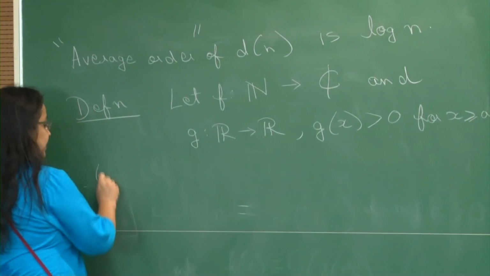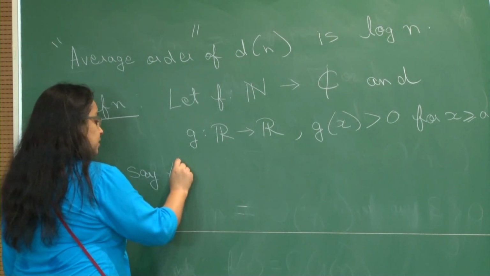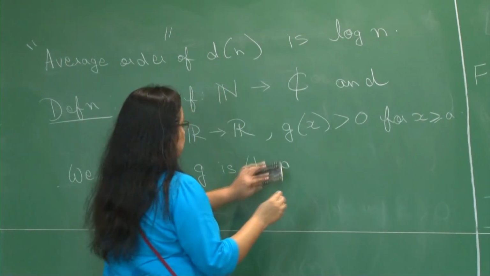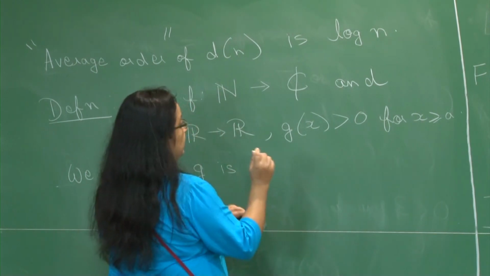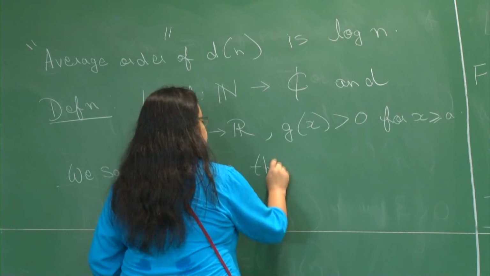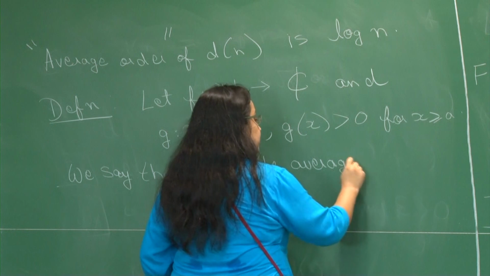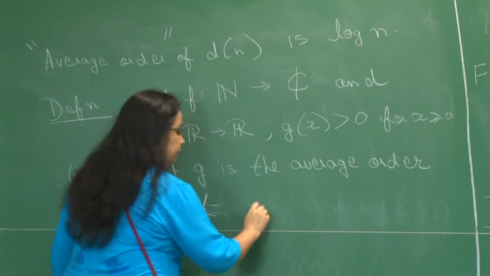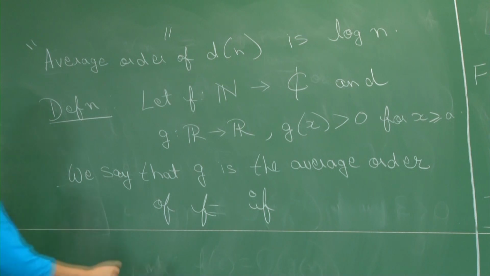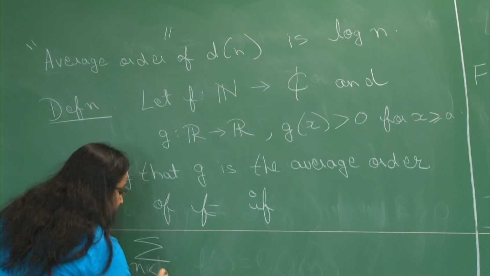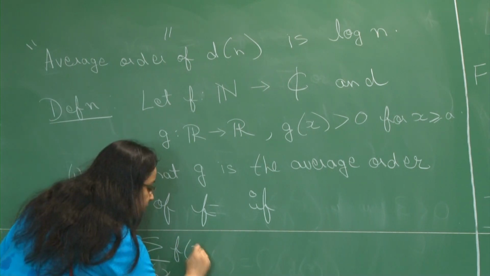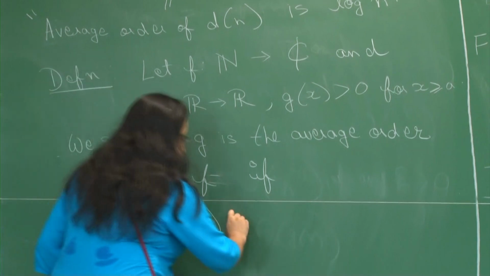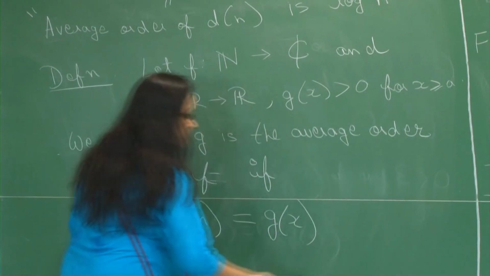Then we say that g is the average order of f if the summation of f of n for n less than or equal to x, on average, behaves like g of x plus something left over.